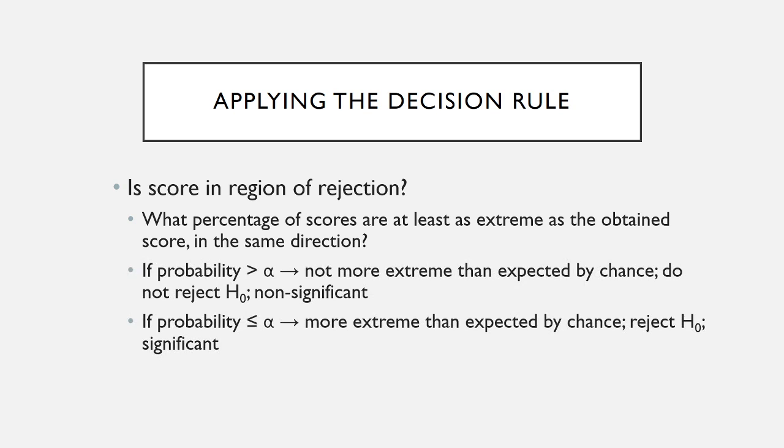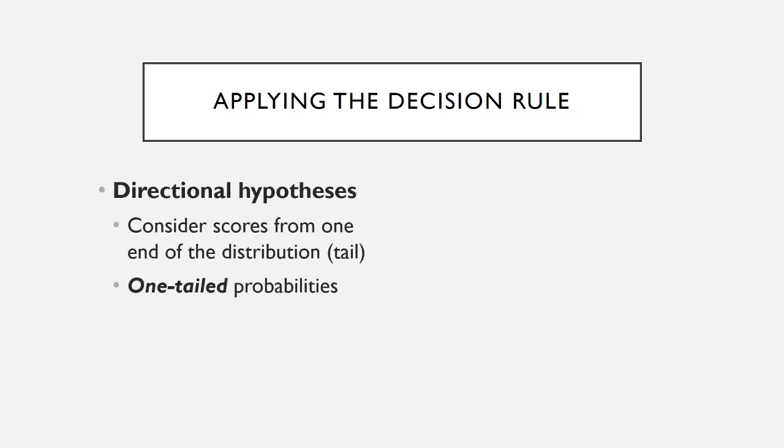If that probability of our outcome is greater than that critical probability value we set in advance, basically we have to conclude that our results are not more extreme than expected by chance, and we cannot reject the null hypothesis. But if we make it to and past that critical probability value, that is to say, if that probability is more extreme than expected by chance, then we can reject the null hypothesis.